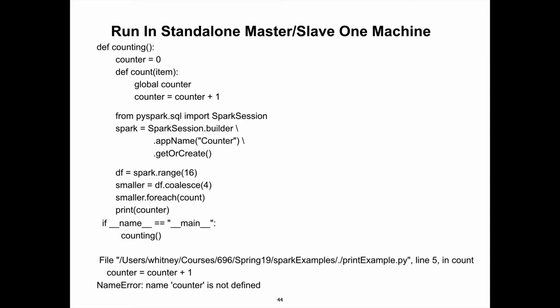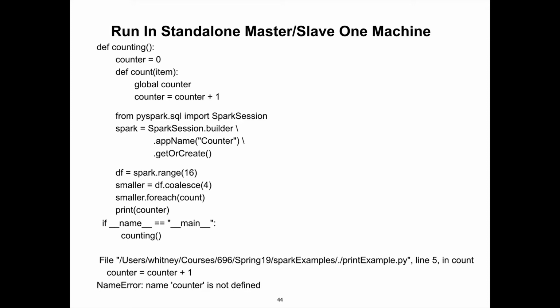So the behavior is different from when I do Spark submit and start up the master and worker in one shot, versus when I start up the worker and the master and then submit it to the master.